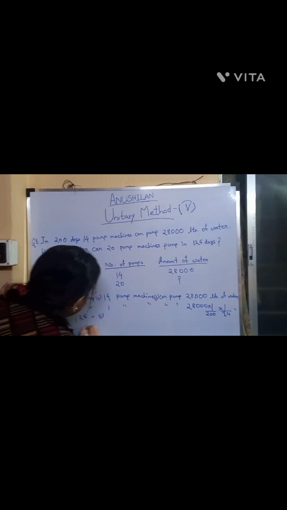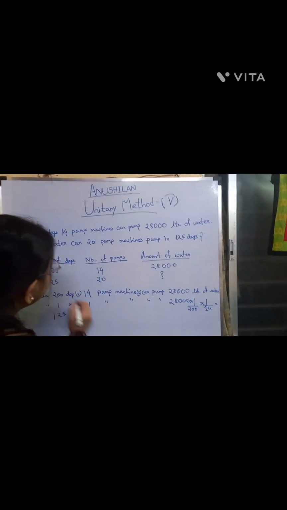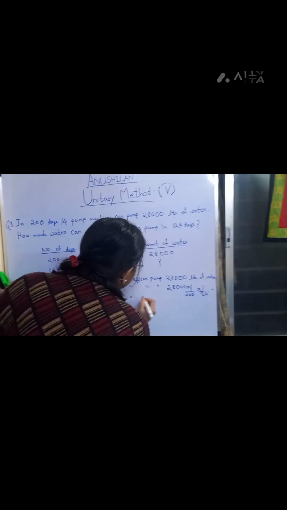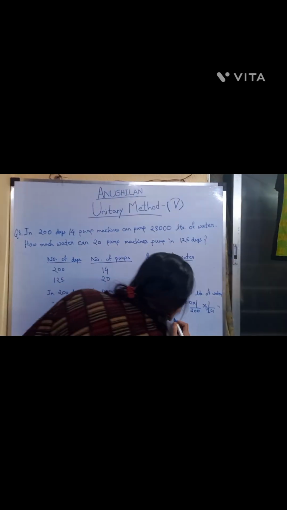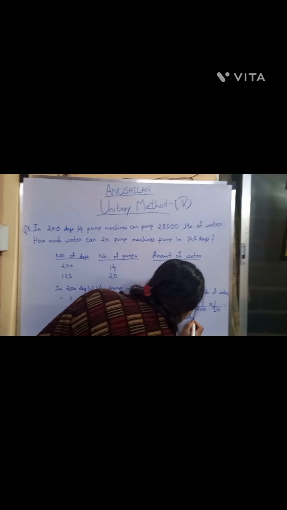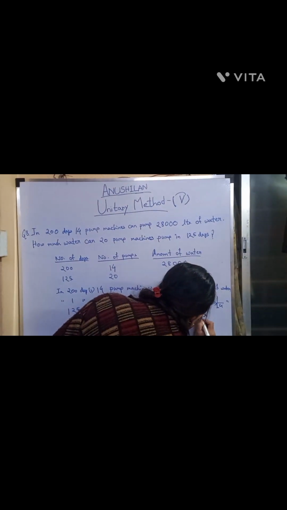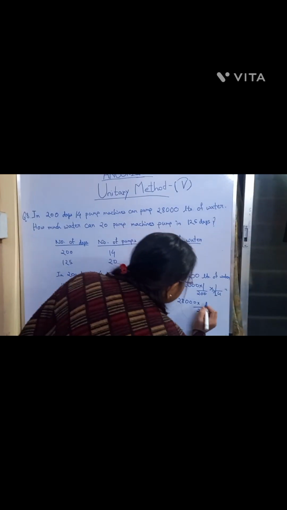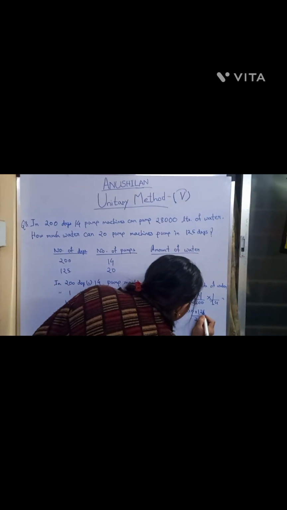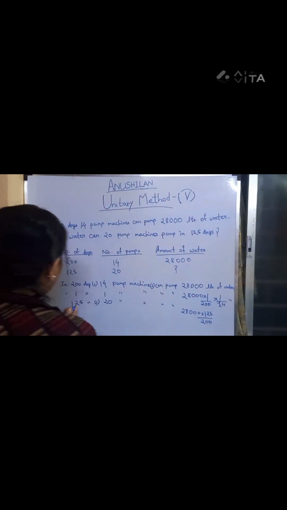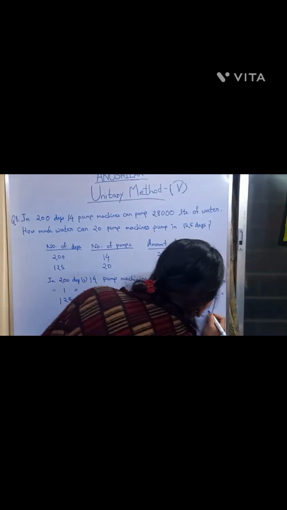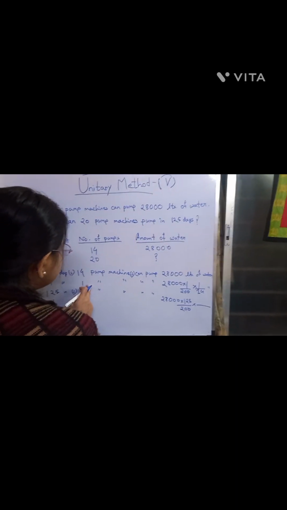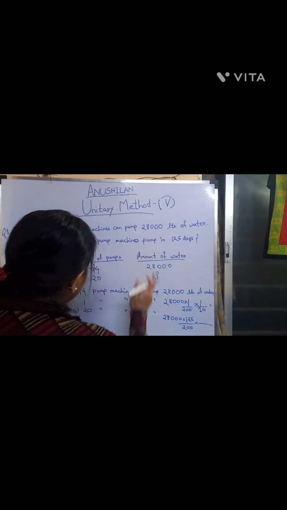Now number of days 125, number of pumps is 20, pump machines can pump 28,000 for 200. Now it will pump more amount of water, so you multiply it, and number of machines is increased, so amount of water will be increased.